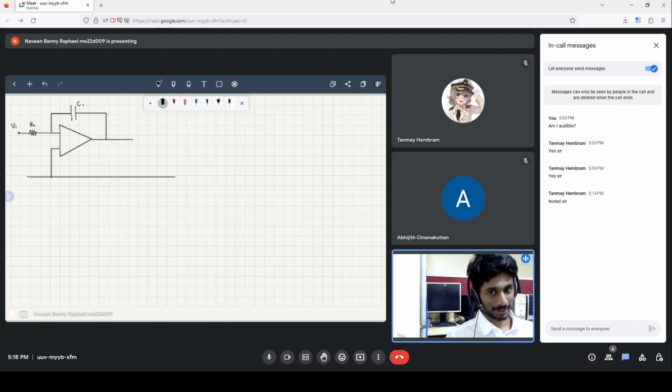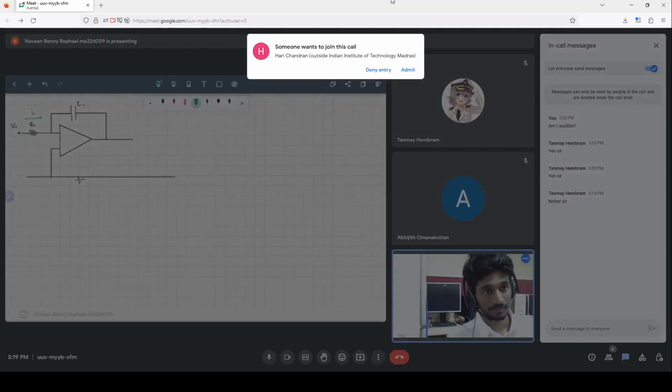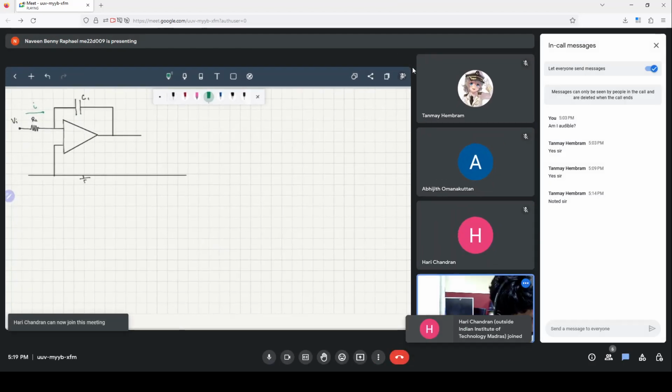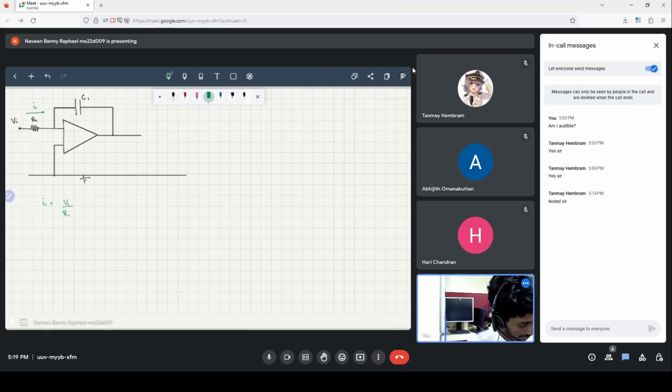So, as before, we know that since this is grounded, we have the potential here as 0. Since the potential there is 0, the current here I1 is equal to Vi by R1.